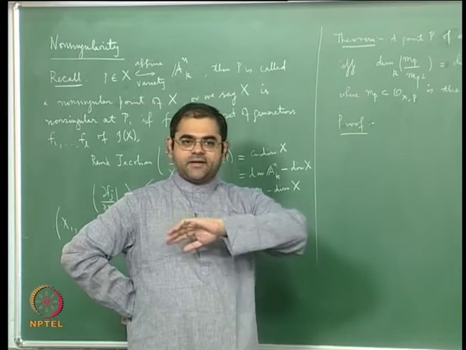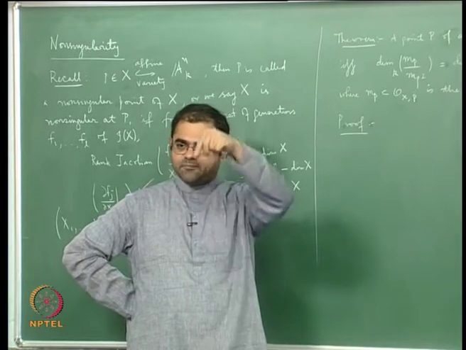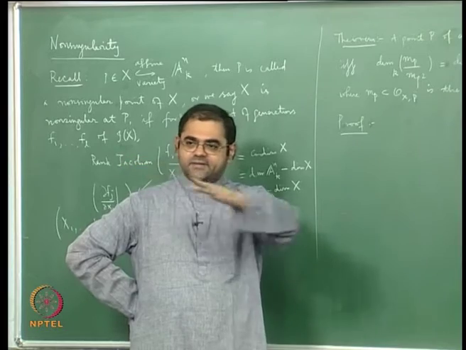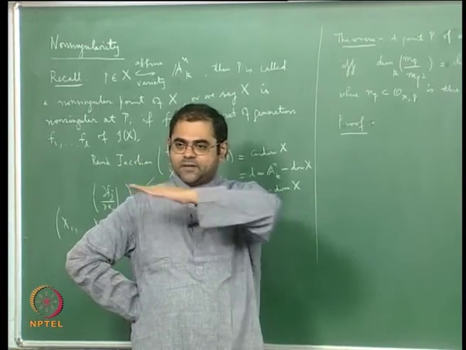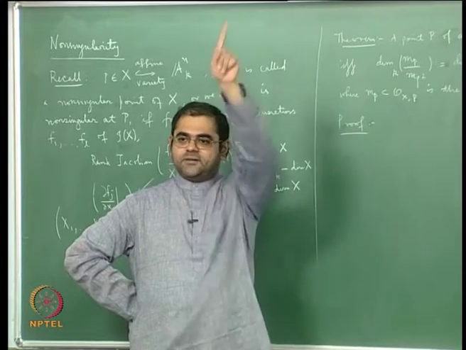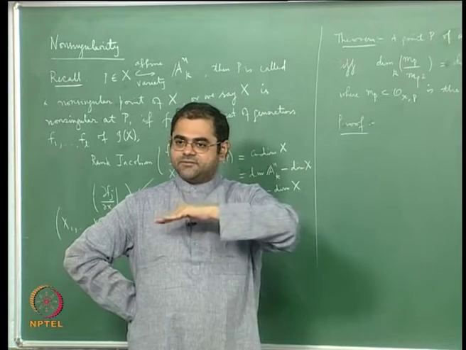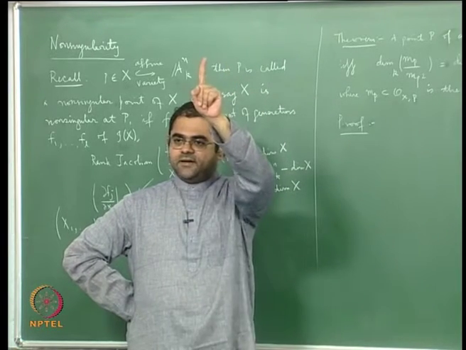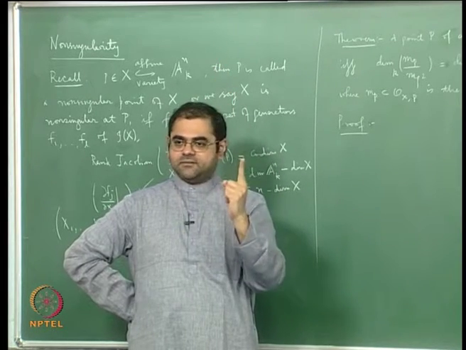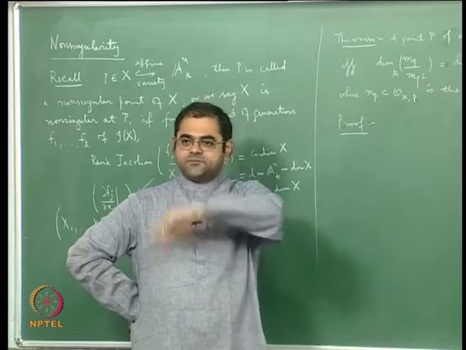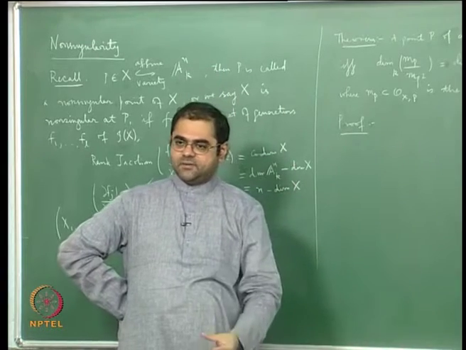If I take a smooth surface in 3 space, take a point on it and draw the tangent space, I will get a neat 2-dimensional tangent plane, and I will get a unique normal to the surface, which is given by the gradient if the surface is defined by a single equation. Therefore the normal space will be 1-dimensional, the tangent space will be 2-dimensional, and the sum of these spaces will be 3 dimensions, which is the ambient space in which the object is embedded.